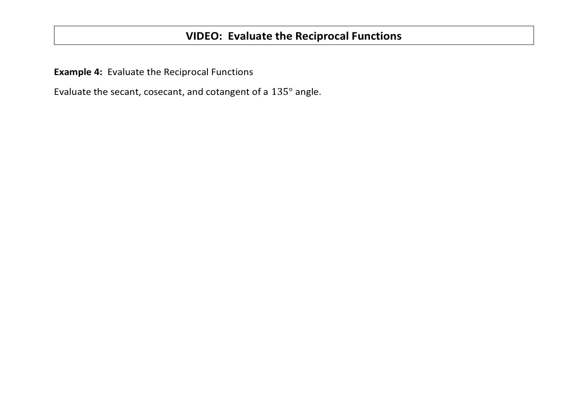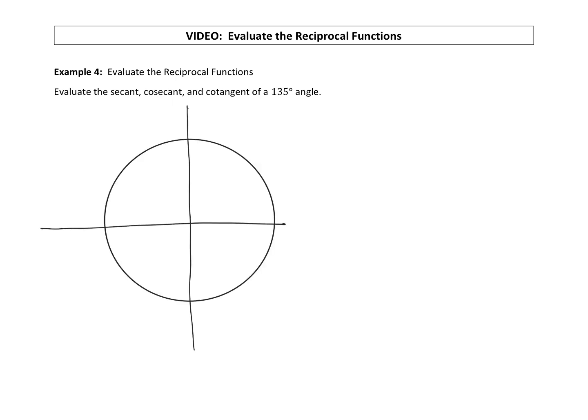Oh, this is not drawing very well. Let's see. Yeah, a little bit better. Okay, so we have our unit circle. We know this is 1, -1, 1, -1. We're going to draw a 135-degree angle.